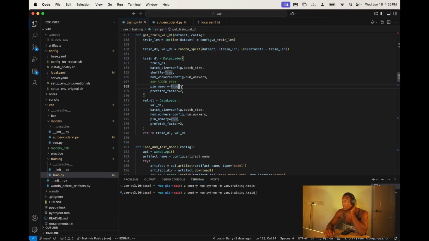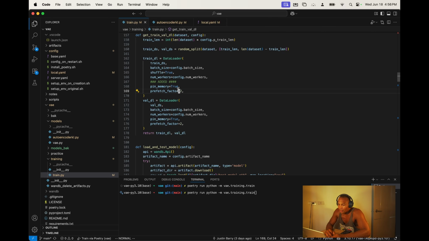From what I understand, the operating system sets aside dedicated memory for it, and it doesn't allow that memory to be used for paging. So that's how I understand it.